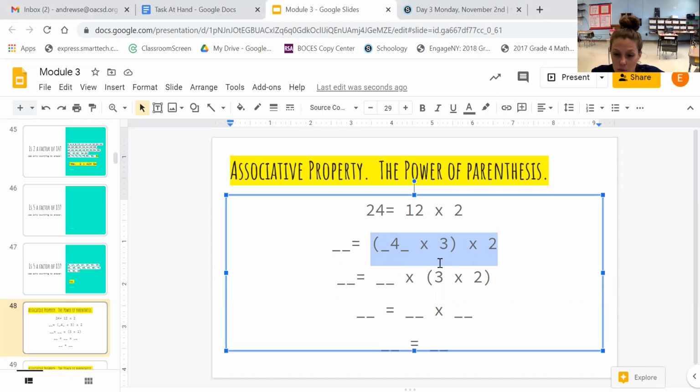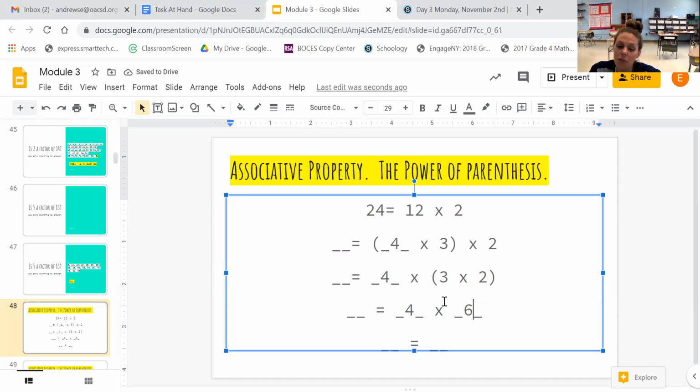We could also do 3 times 2, which equals 6, and then 6 times something equals 24. Again, it's 4. And then we can also show that 4 times 6 equals 24.